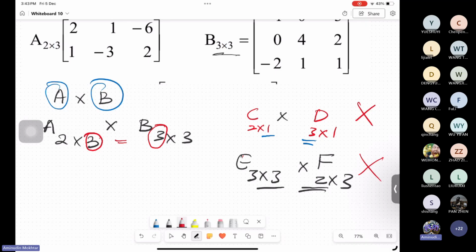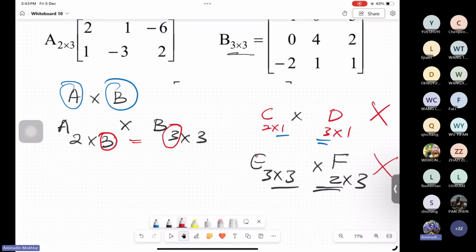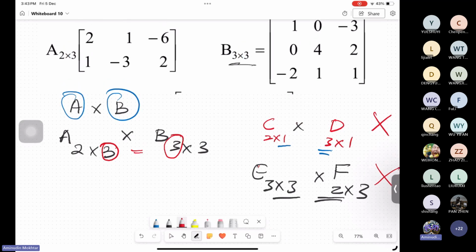So what I'm trying to say here is, in matrix multiplication, it is very important to determine whether the number of columns of the first matrix equals the number of rows of the second matrix. That's how to find the product of A and B. Be careful, sometimes I also get confused here.